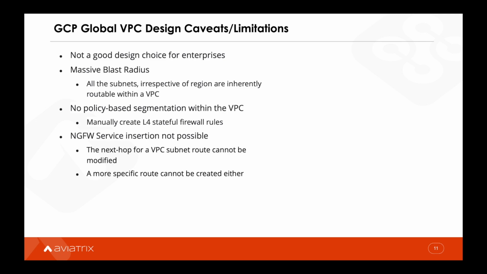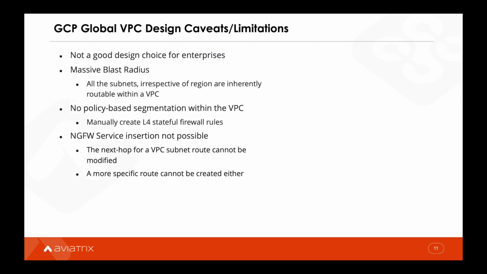With the global VPC, next generation firewall service insertion is not possible. When you are trying to insert a next generation firewall into your flow, and they're sitting in the same VPC, you cannot do that, because at that point the VPC route table will dictate and will just send the traffic to the virtual machine sitting in the same VPC.